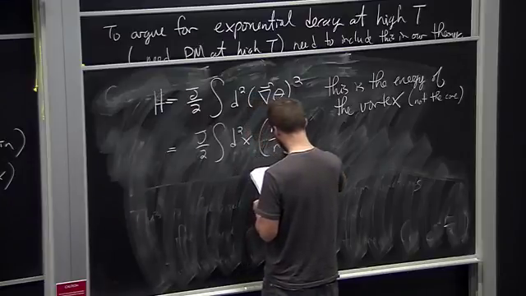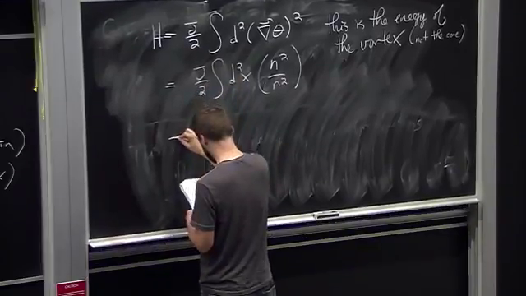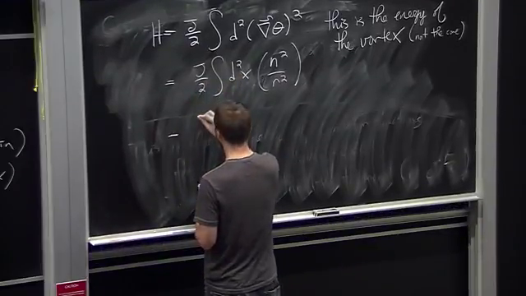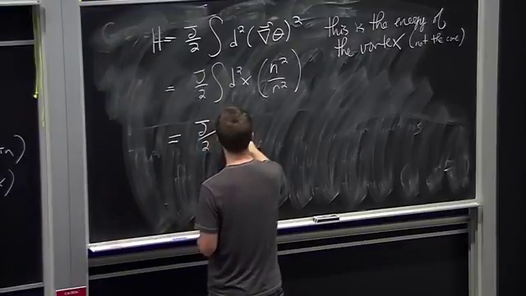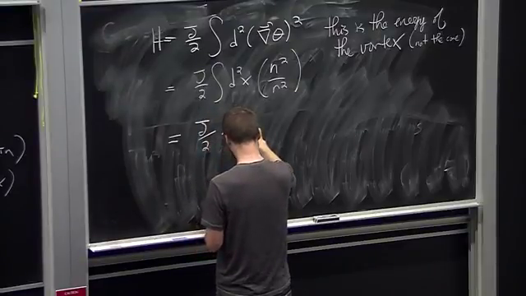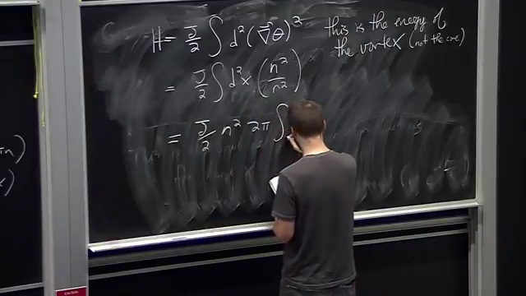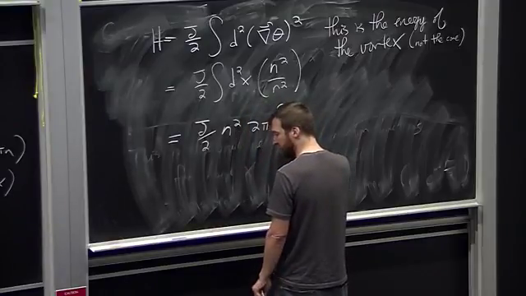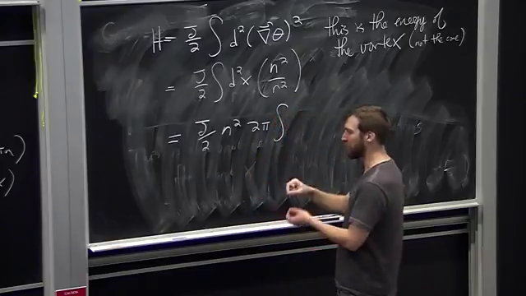So I got two of these, n squared over r squared. Let's see if I can do this, J. So I'll do the angular piece, and then I have to have a limit of integration on the distance r.